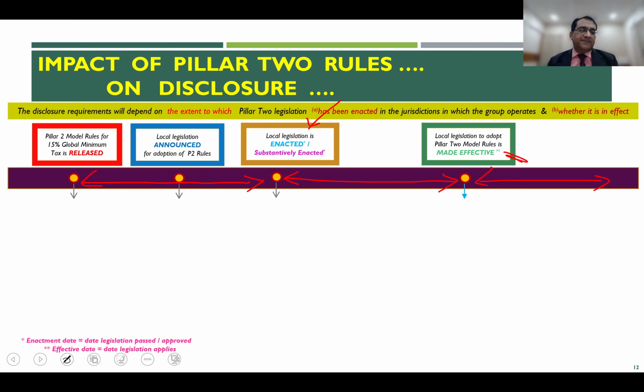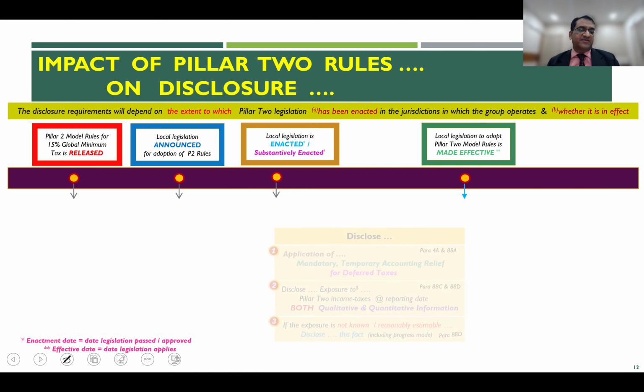And that's what we will see in this particular slide. Let us first look at this period, when the legislation is enacted or substantively enacted, but is not yet effective. During this period, what are the disclosures which are required? Let us first see this.